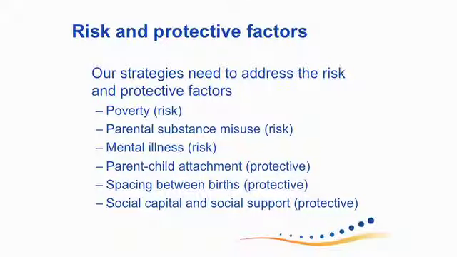Spacing between births is also known to be a protective factor. So having a baby at a very young age and having closely spaced children creates a burden which can sometimes be associated with child neglect. And last but not least, social support is a major protective factor. That social support normatively comes from the kith and kinship webs of relationships into which we are born, our family, our friends.